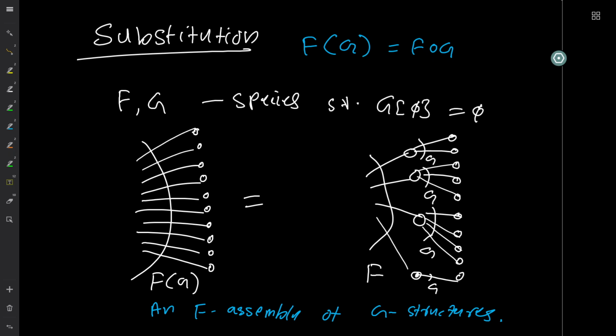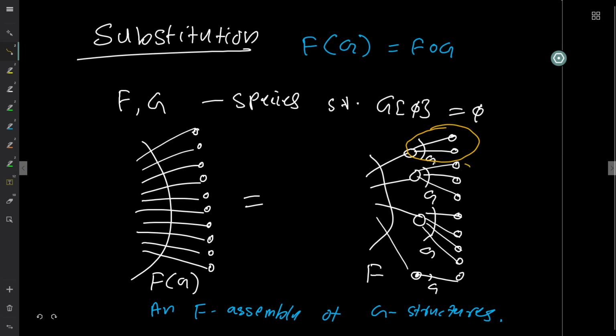Okay, so putting the structure F of G on the set U is actually taking the set U, right? Then partition the set U into non-empty parts. Then for each part, which is a small set, as a subset, you put a G structure.